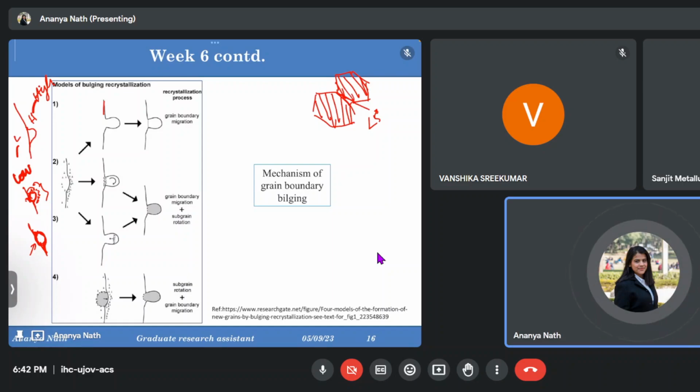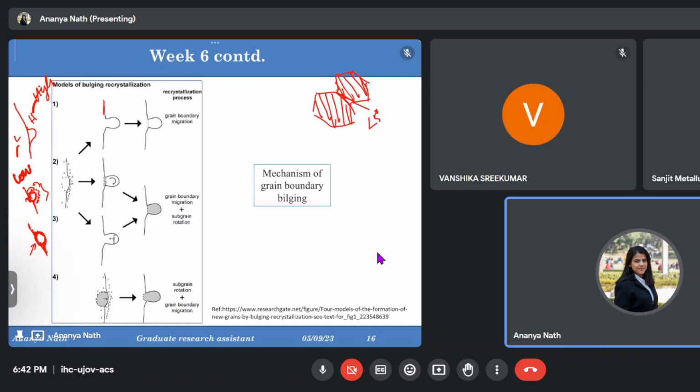And this is why this bulging is not a homogeneous thing. This bulging is a random thing. This bulging may happen in different locations and very randomly. So this is why the spreading of these new strain free grains is not as homogeneous as we can get in the case of CDRX. So this is one thing.